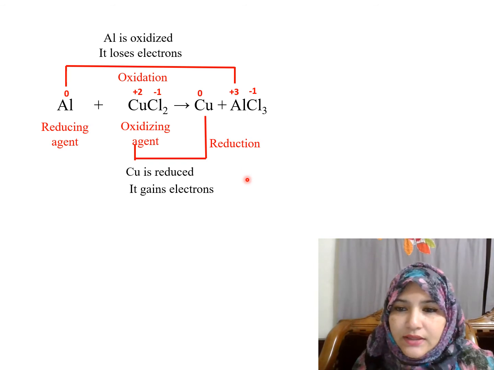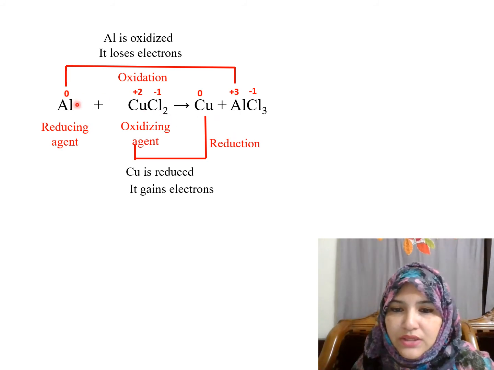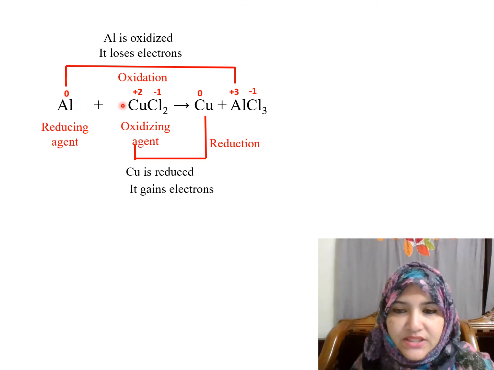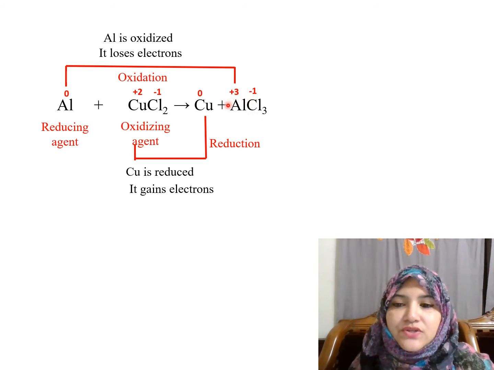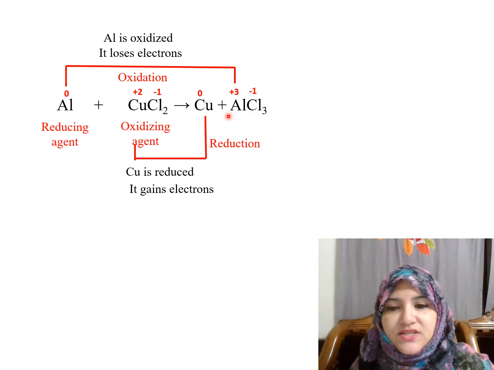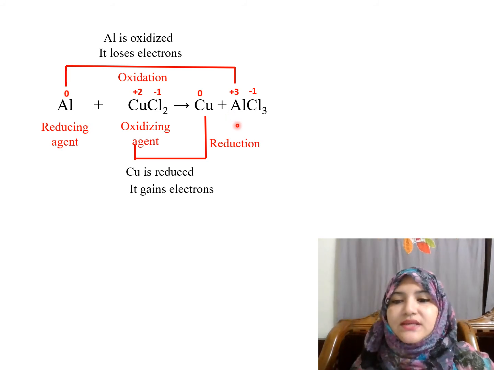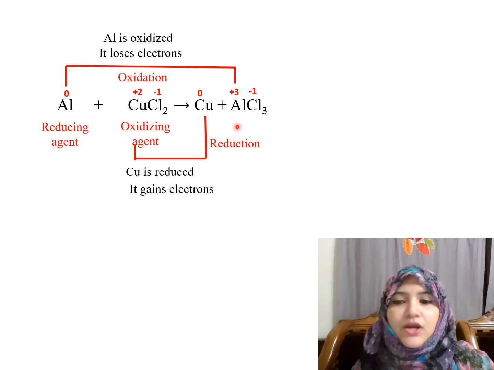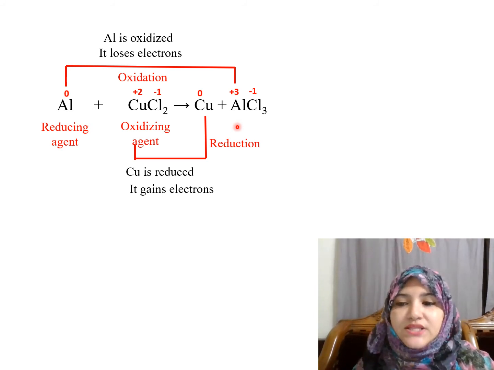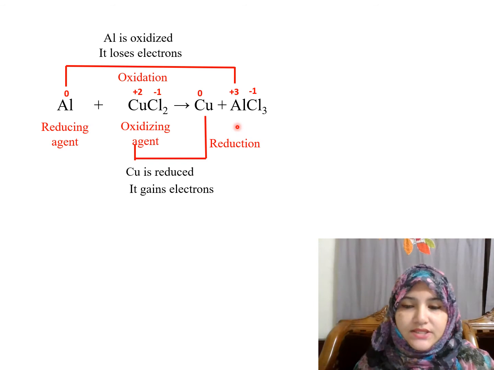We can easily observe from the oxidation numbers that aluminium has an oxidation state of 0 in reactants, but in aluminium chloride it has an oxidation state of -3. So if the oxidation number changes, then it's a redox reaction. All single displacement reactions are redox reactions. You have to remember, all single replacement reactions are redox reactions.